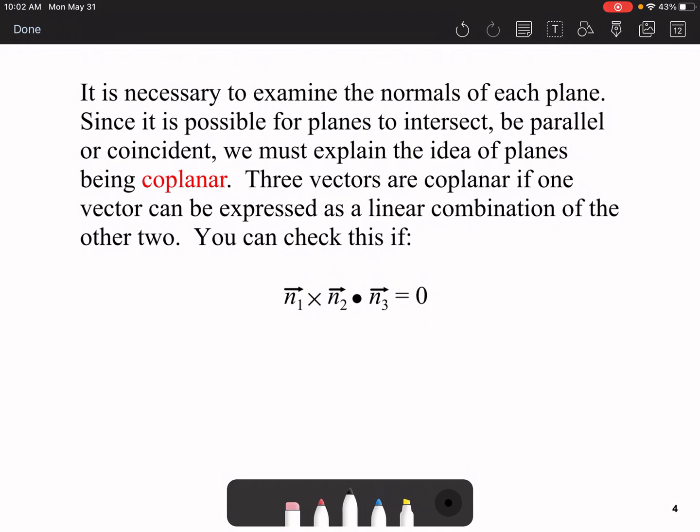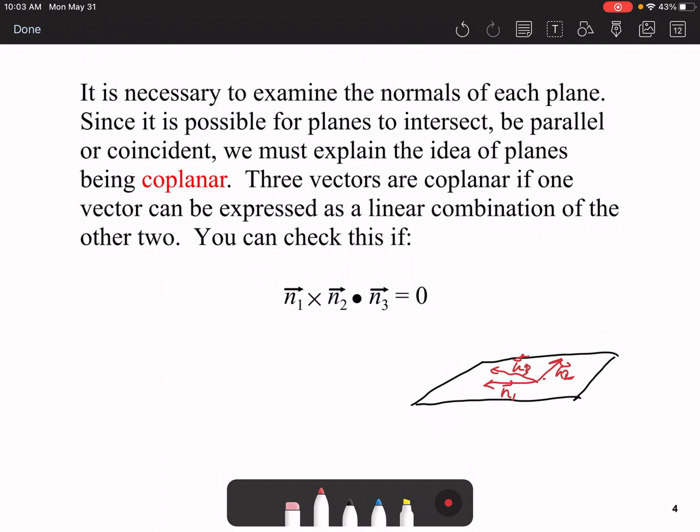So for instance, if I have a plane like this, and I have a vector, I'm going to call it n1, another vector, call it n2, and another vector that's also in the same plane, we'll call it n3. Well, these 3 vectors are all sitting in the same plane, so these are called coplanar.